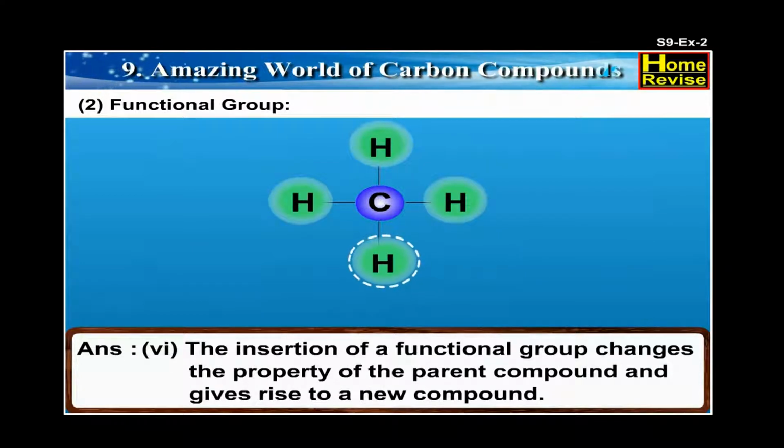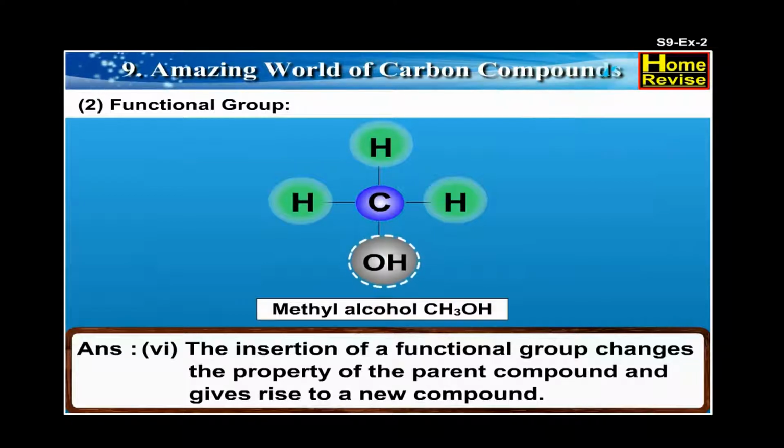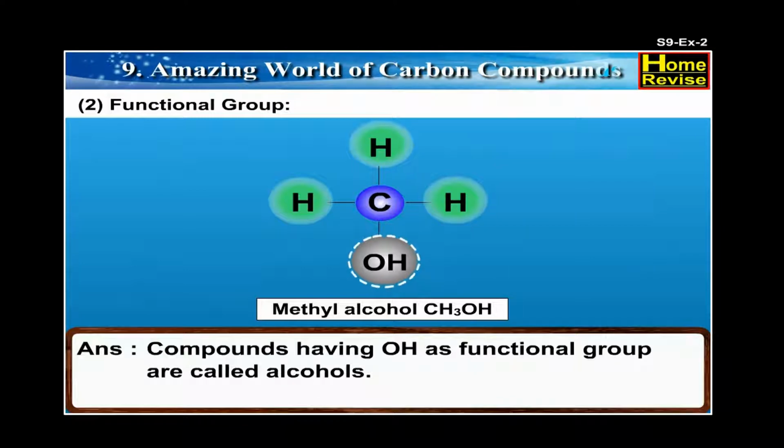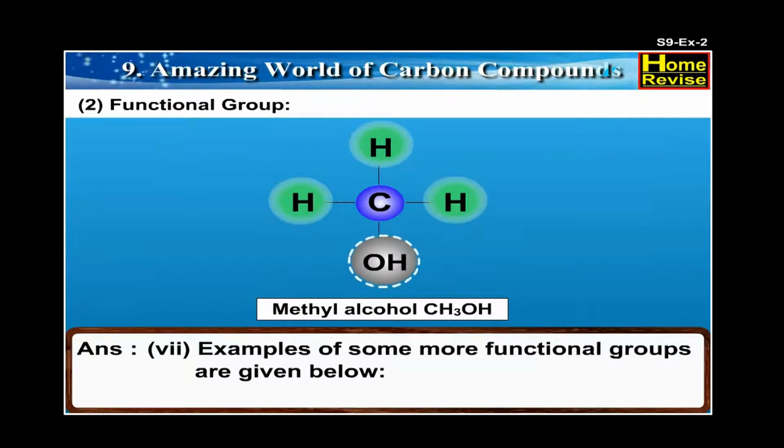Sixth, the insertion of a functional group changes the property of the parent compound and gives rise to a new compound. Compounds having OH as functional group are called alcohols. Seventh, examples of some more functional groups are given below. Have a look.